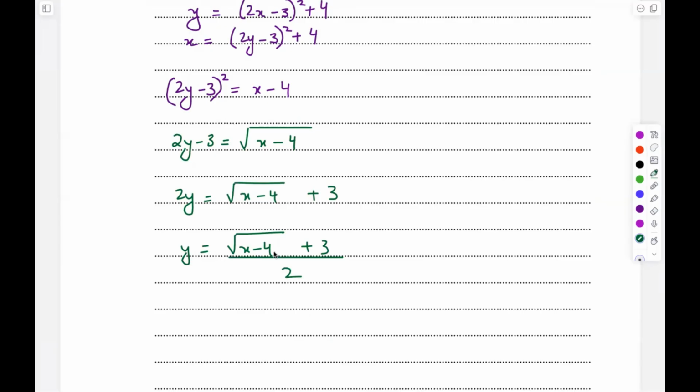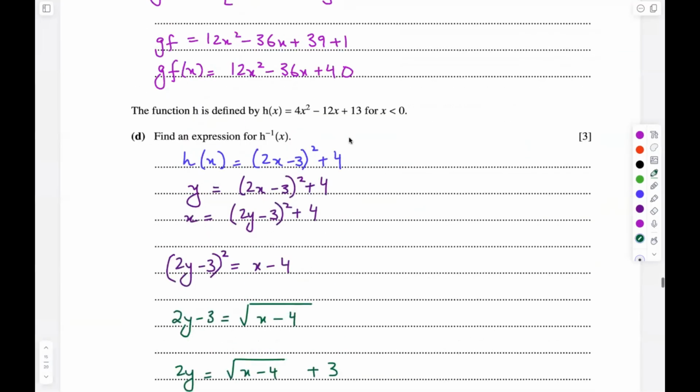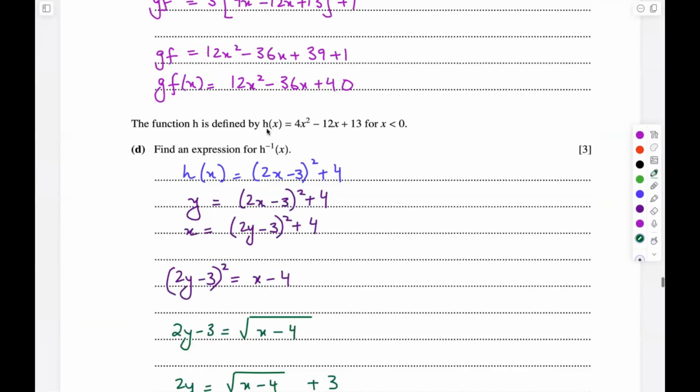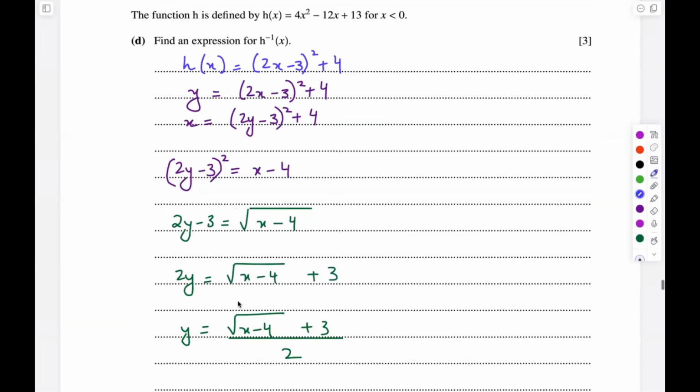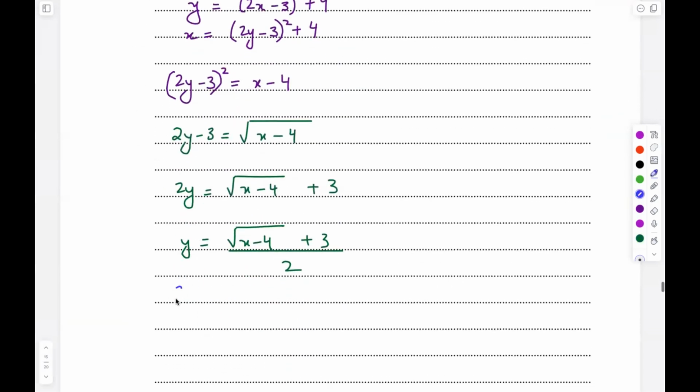Now, as the square root comes with a positive and a negative sign, and we know that for the function h, the x value is less than 0, it means that the range for the inverse function, which is basically h inverse of x, can have a positive or negative sign over here. We know that h inverse of x can be written as plus minus square root of x minus 4 upon 2 plus 3 upon 2.